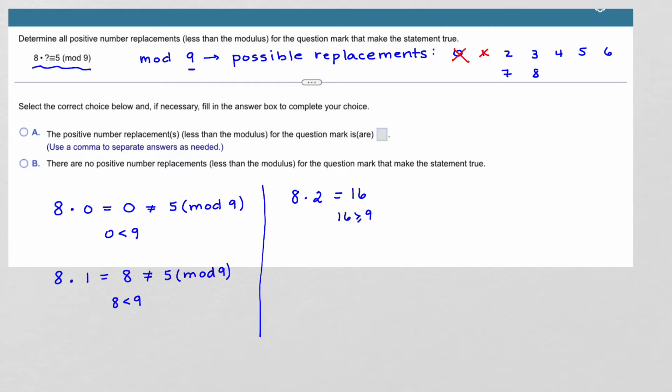I think probably the simplest way to think about this is to take 9 into 16. 9 goes in once, and the remainder is 7. So that means that 16 is equivalent to 7 in mod 9, and 7 is not equal to 5.